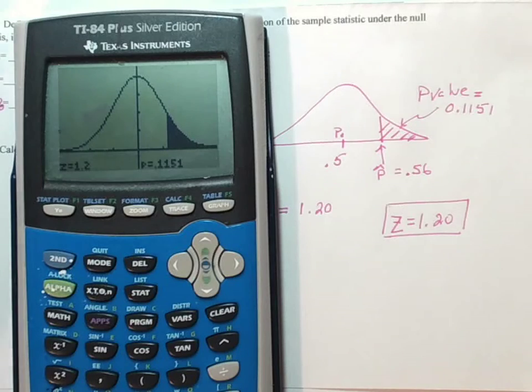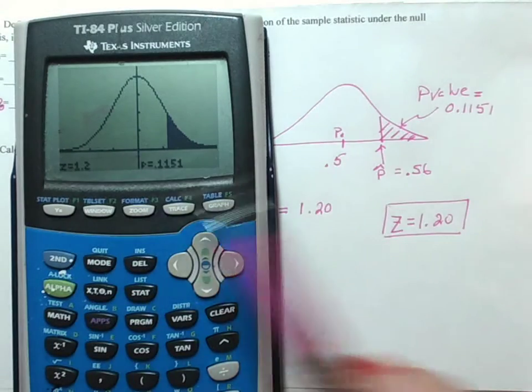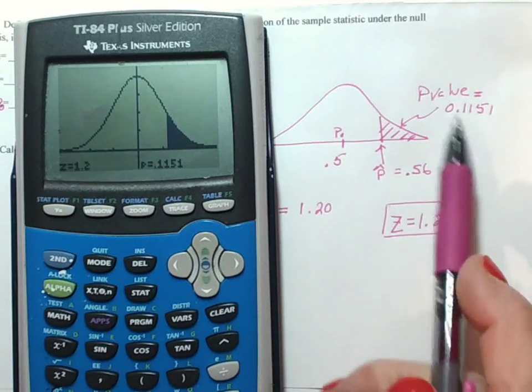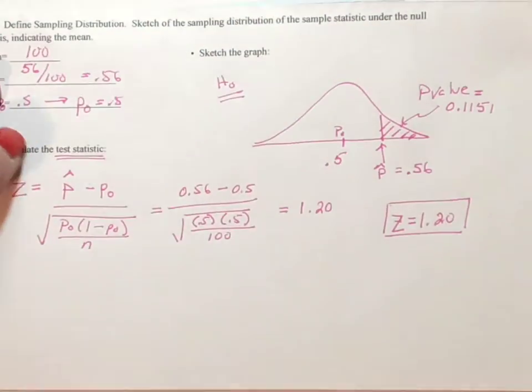So now we're going to show you how to calculate that p-value. So the calculator did it for us. You might get a multiple choice question. Seem to have lost my page, so I'm going to have to kind of cheat here.